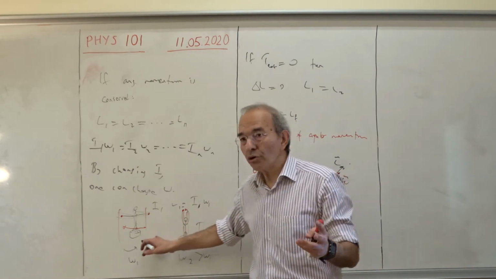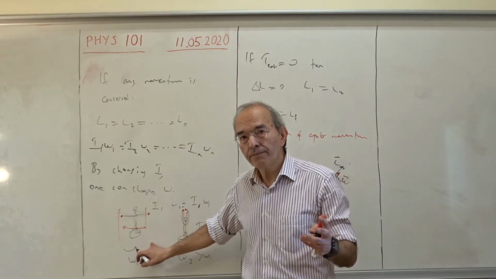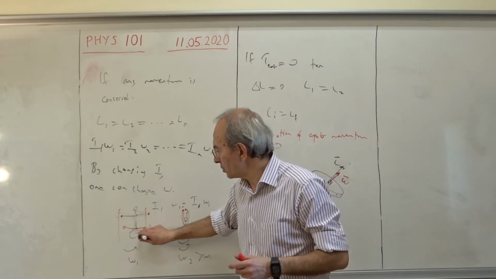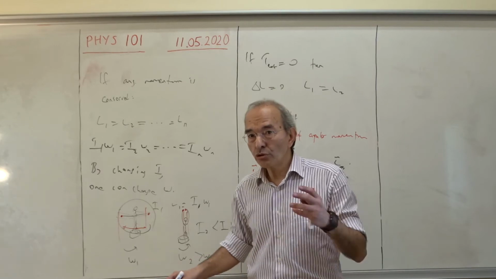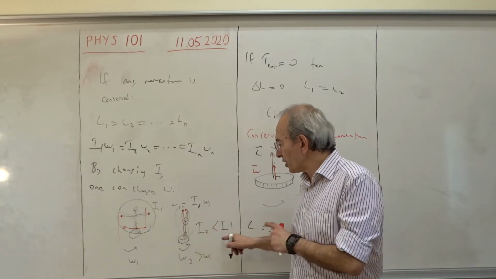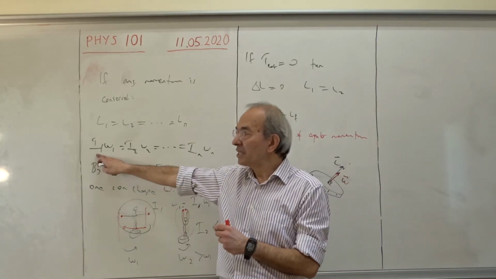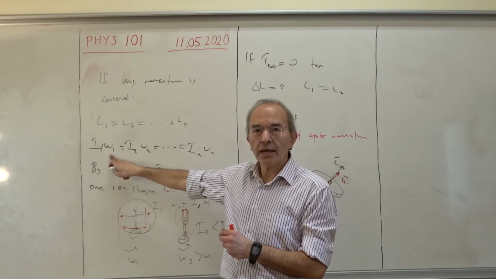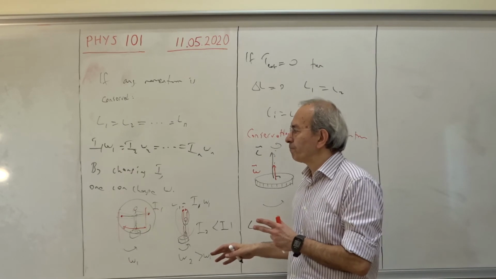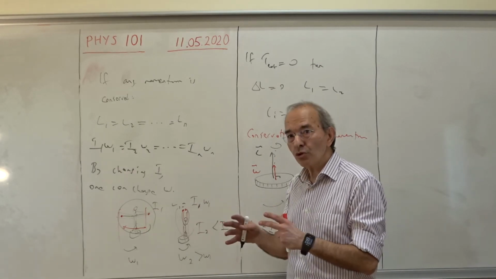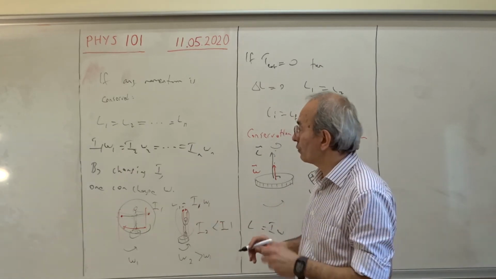So there's no external agent acting on you or any part of the system. The system is you plus the dumbbells. There's no external torque. But by changing one part, decreasing I, you can increase omega, or vice versa. So this is how angular momentum is conserved. The product is conserved.